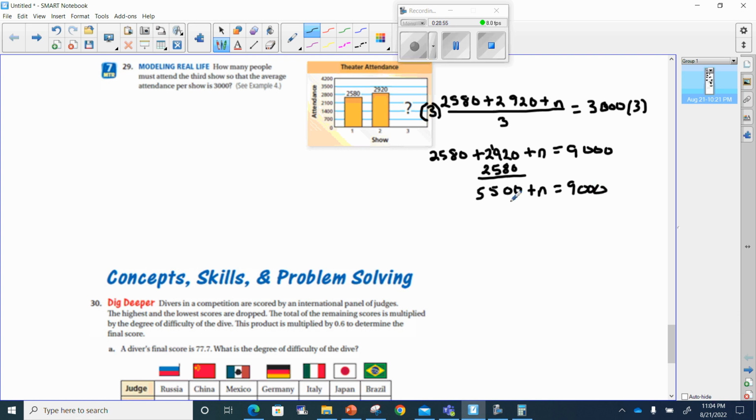Now we're going to subtract 5,500 from here. That leaves us n over here by itself, and it leaves us with our answer. Had to borrow 1, 8 minus 5 is 3, so that next number has to be 3,500.